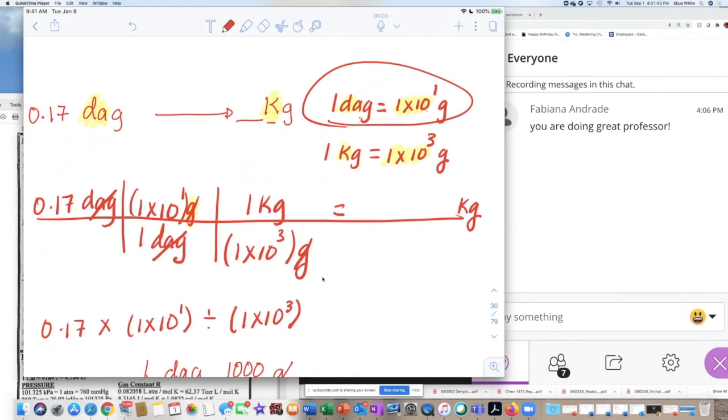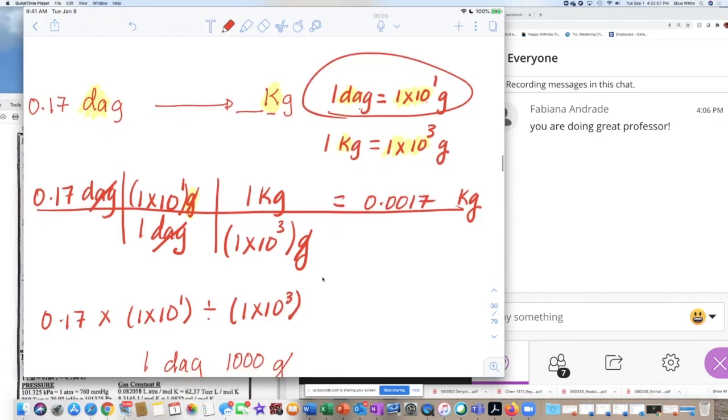So on my calculator, 0.17 times, open parentheses, 1 exponent, 1 to the right, close parentheses, divide by, open parentheses, 1 exponent, 3 to the right, close parentheses, equal. After all that, I get 0.0017.